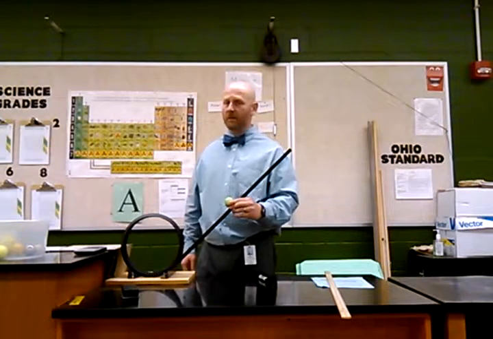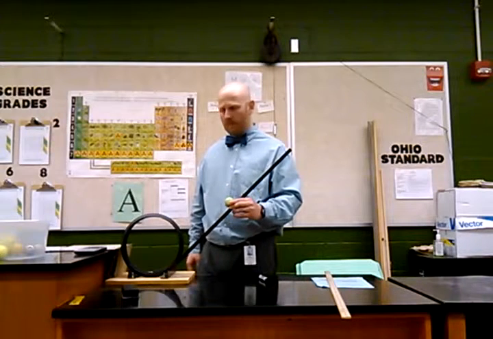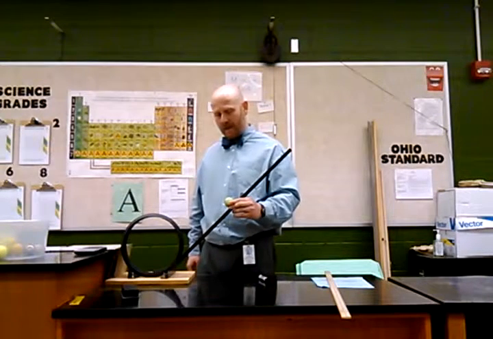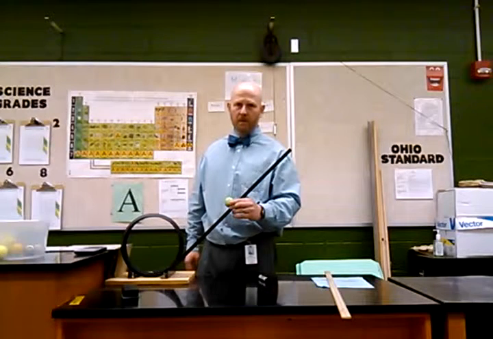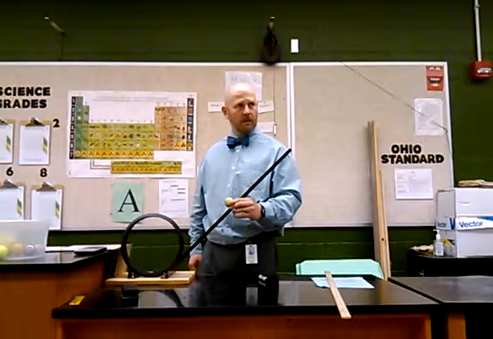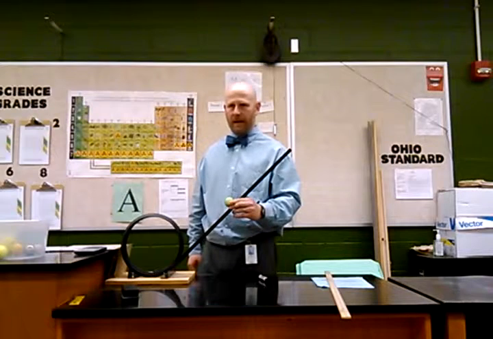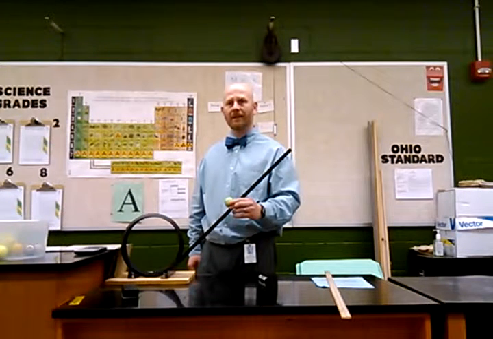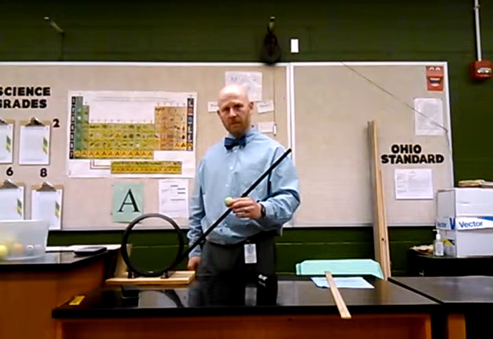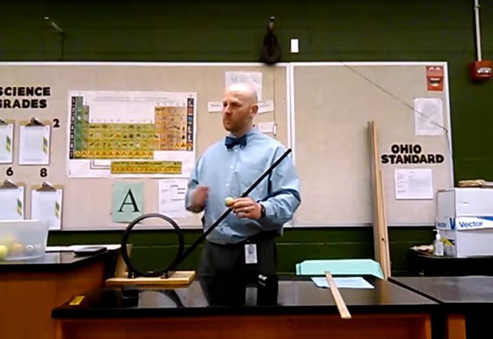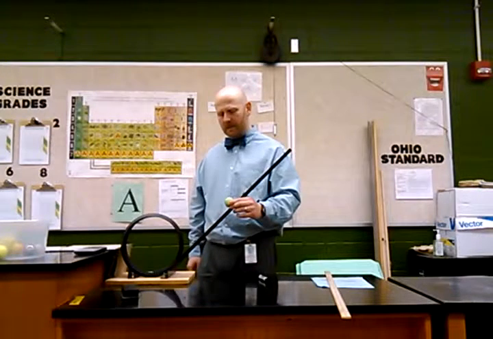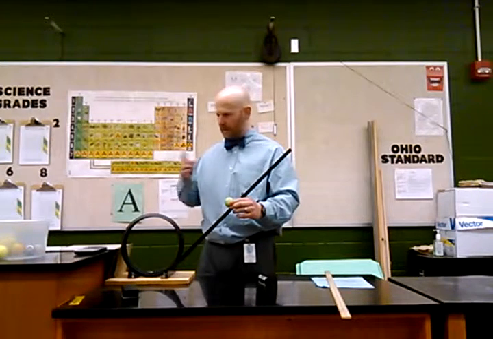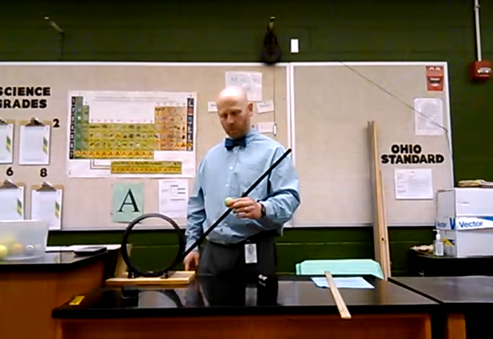We can calculate the gravitational potential energy by multiplying the mass of the object, 0.0632 kilograms, times the constant of the acceleration of gravity, 9.8 meters per second squared, times the height, 0.30 meters. Calculate the amount of gravitational potential energy, and is this enough for this object to complete this loop?